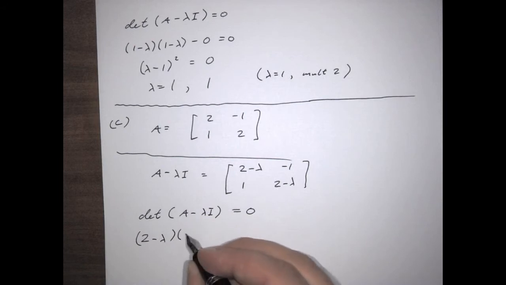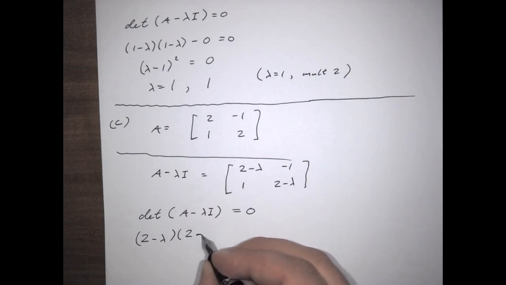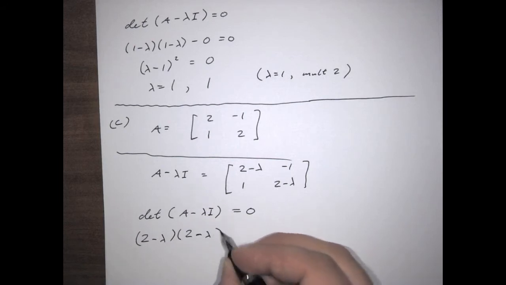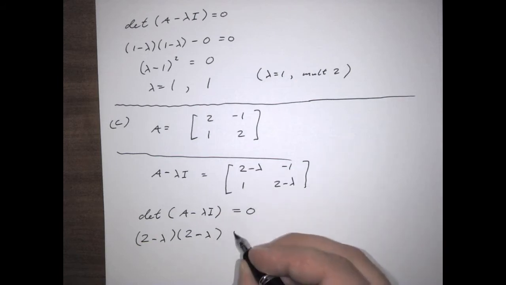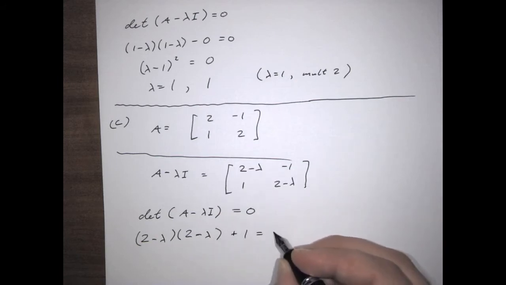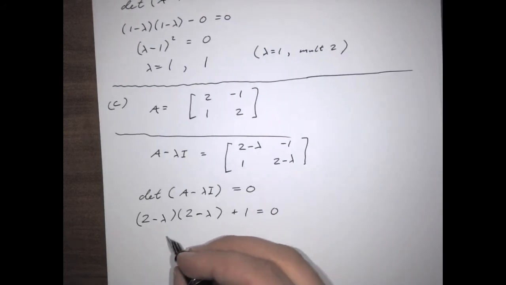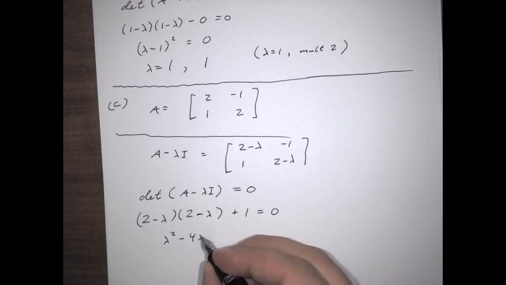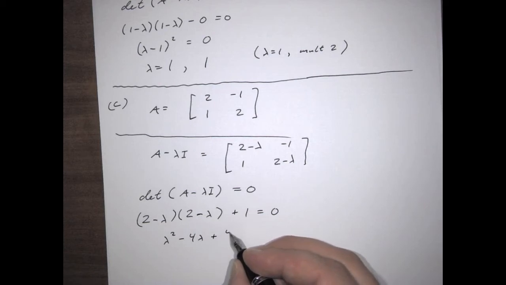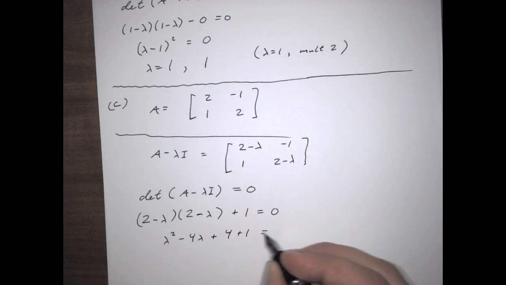So 2 minus lambda times 2 minus lambda plus 1 equals 0. Now this is going to be lambda squared minus 4 lambda plus 4 plus 1 equals 0.